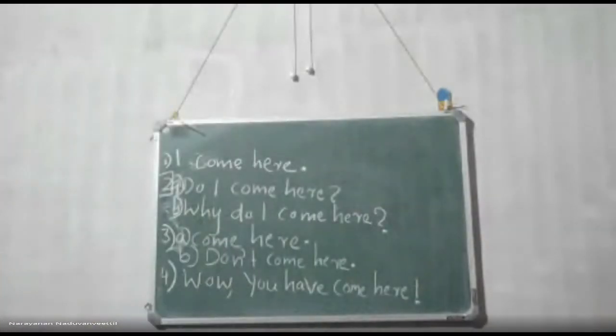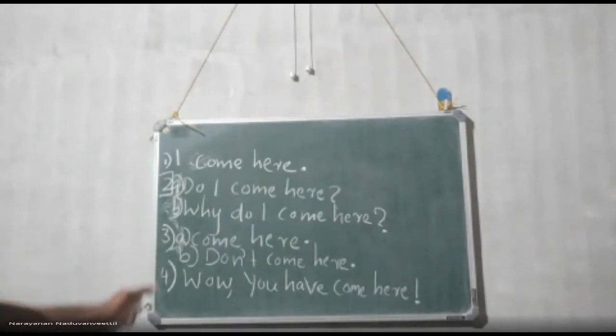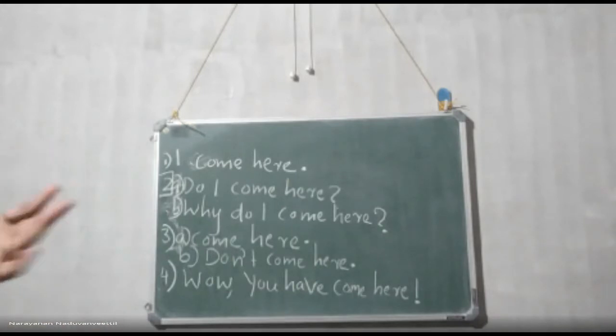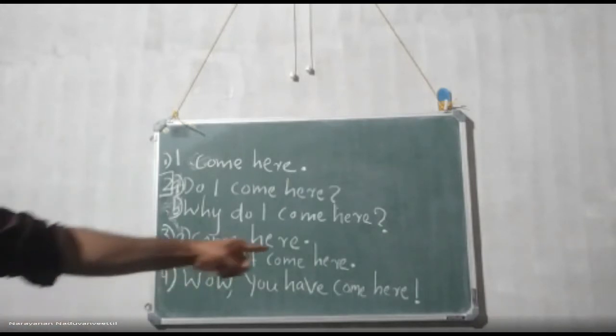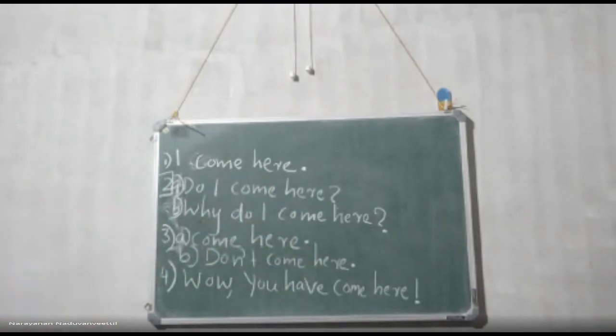Last example for exclamatory sentence. Sometimes an exclamatory sentence, as I said, starts with this type of remark or sound, wow, alas, hooray, or a WH question word, but ends with the exclamation mark.